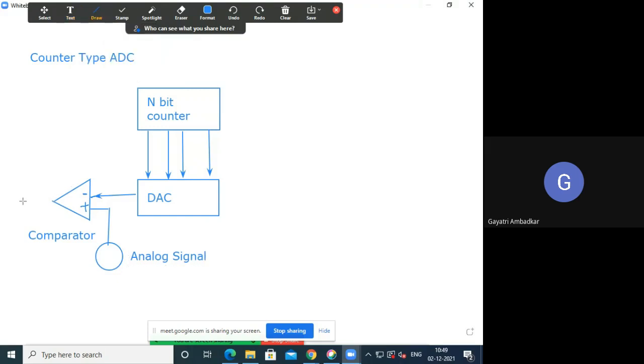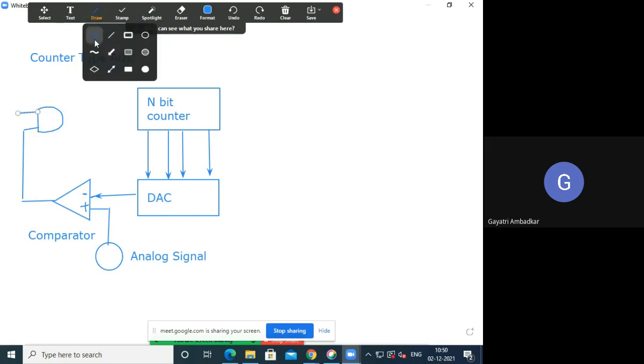Now this is the output of the comparator. It is given to a gate, a clock producer.